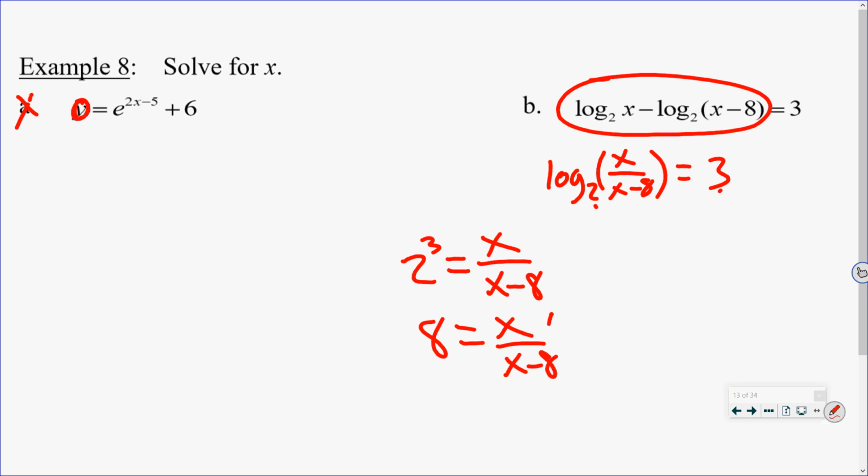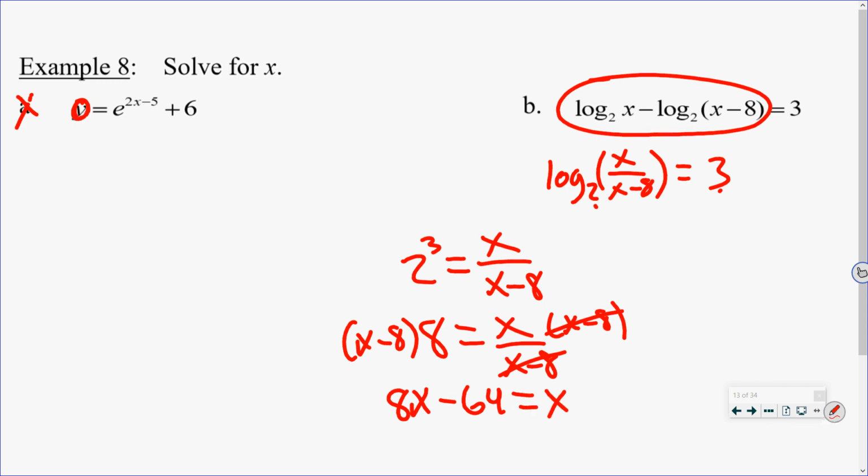You can times the x minus 8 over to this side to get rid of that. So now I'd have 8x minus 64 equals x. I'm going to minus the x over at the 8x and add the 64 over, so you end up with 7x equals 64. Divide by 7.